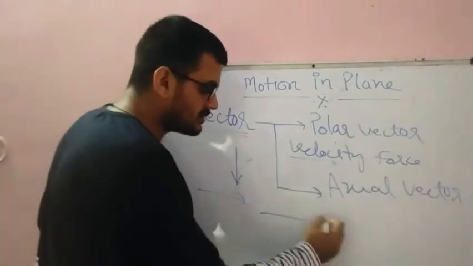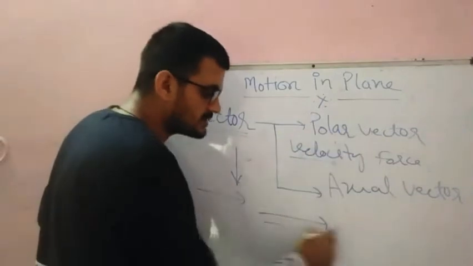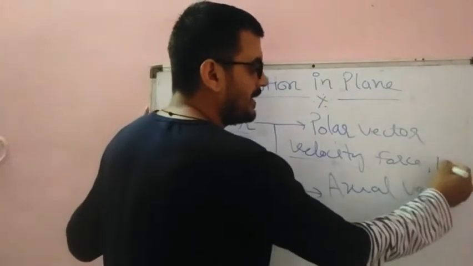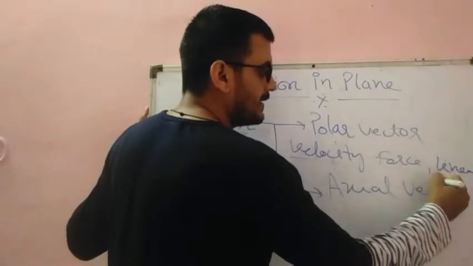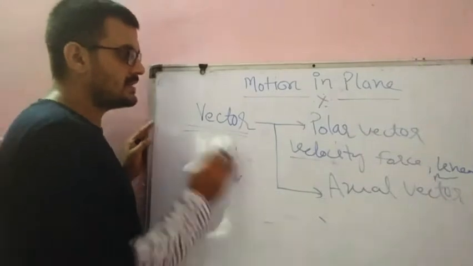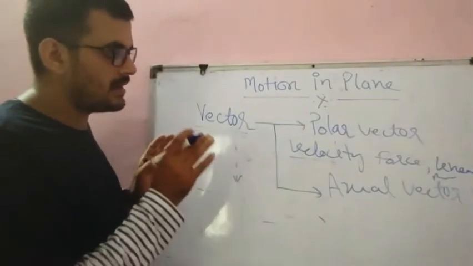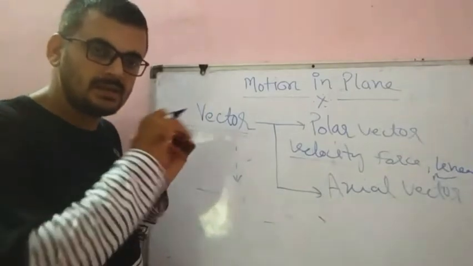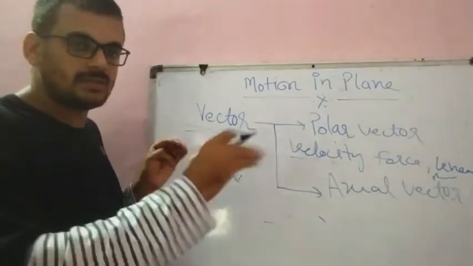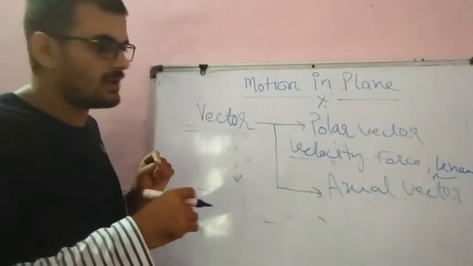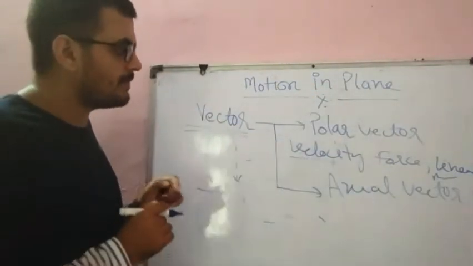If the body is moving to this side, then the polar vector will be towards this side. Force, linear momentum, etc. These polar vectors are applied when the body is in a line, or simply when the body is moving in a straight line or in a plane.